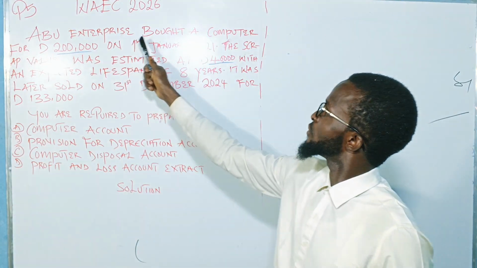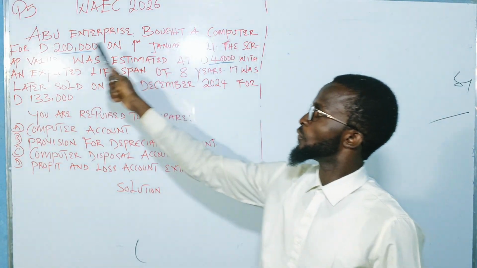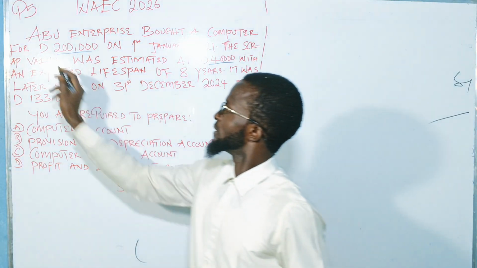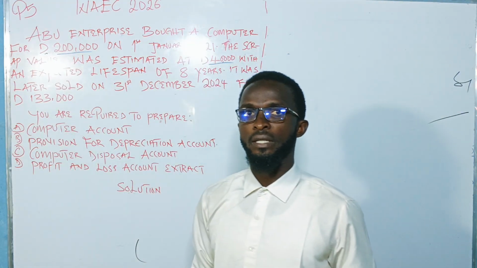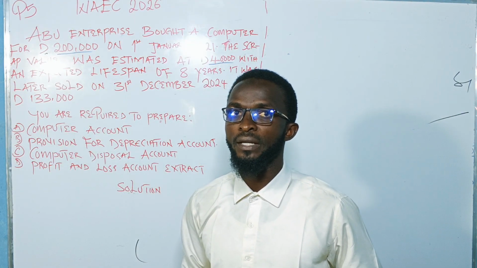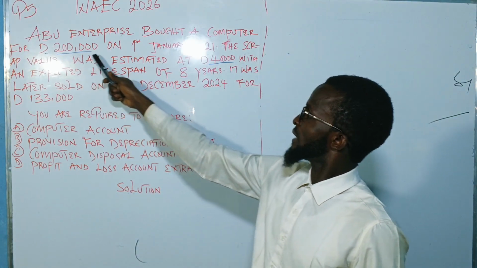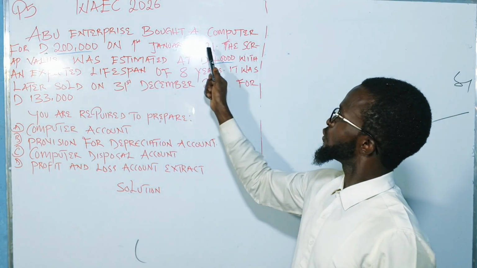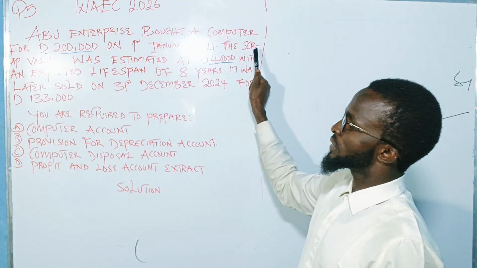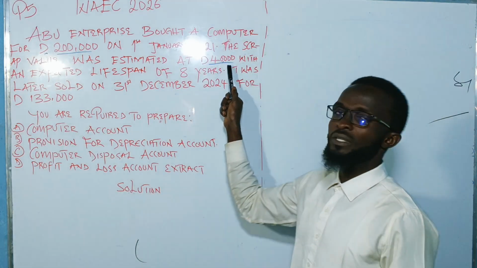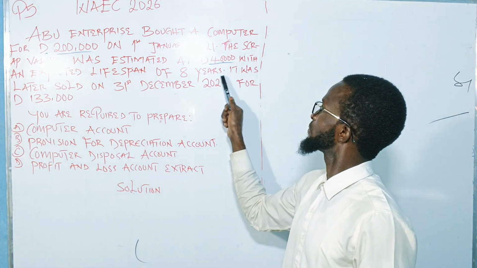Abo Enterprises bought a computer for D200,000 on 1st January 2021. The D here means dollars, standing for Gambian currency. The scrap value was estimated at D40,000.